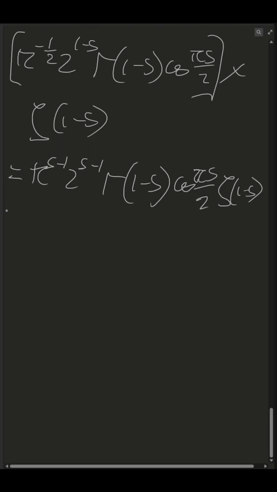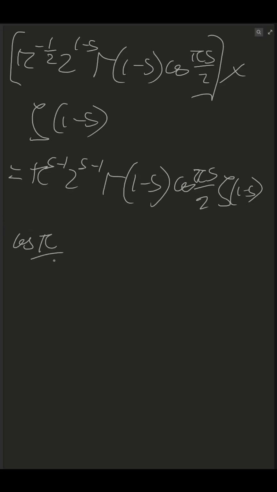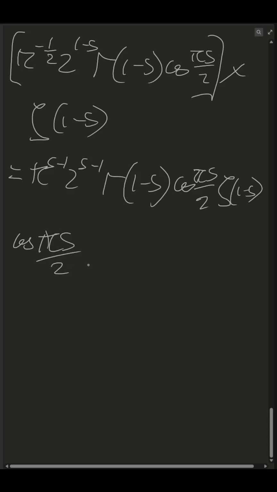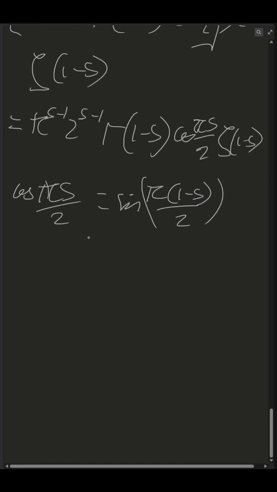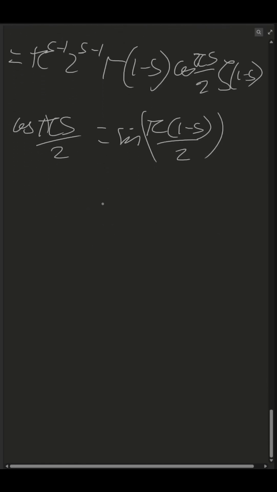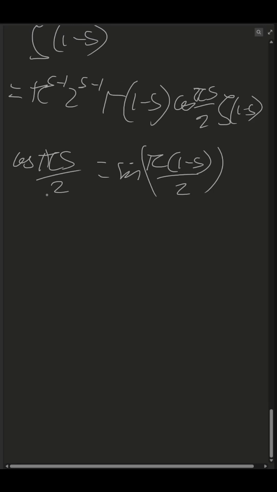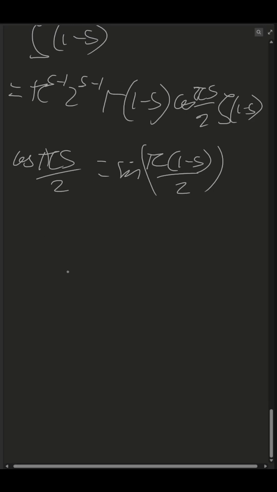And we know that cos pi s, don't forget the s, over 2 is equal to sine pi times 1 minus s over 2 via the trig identities for sine and cos.